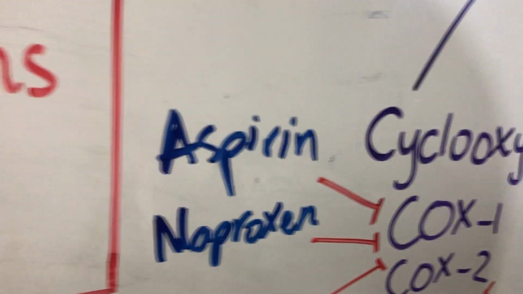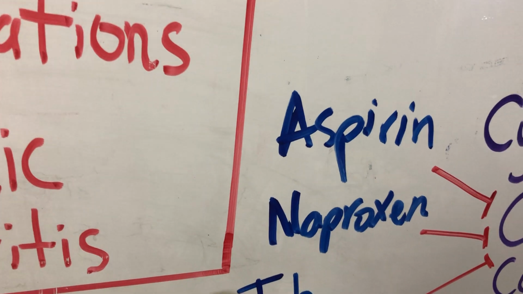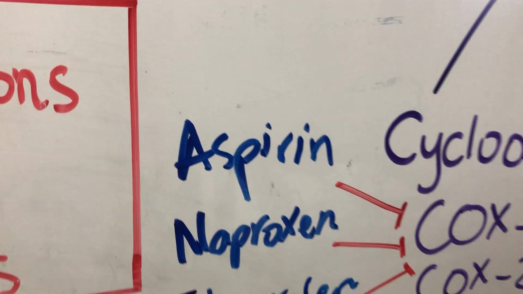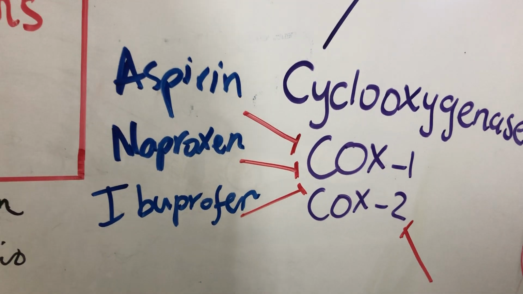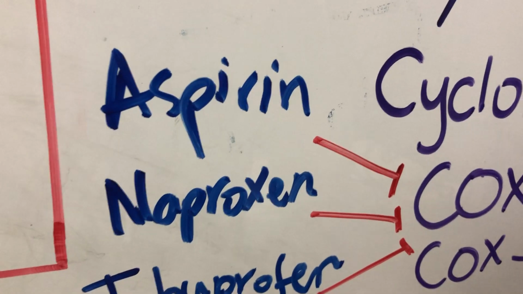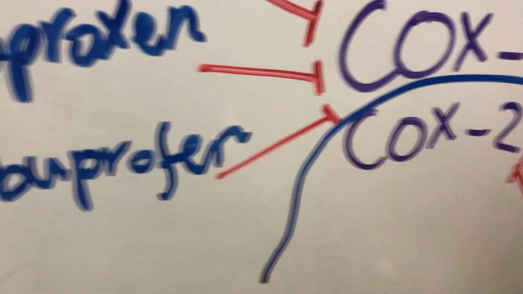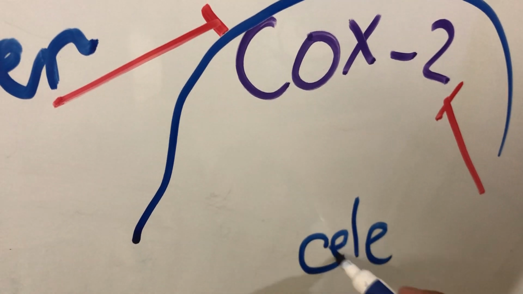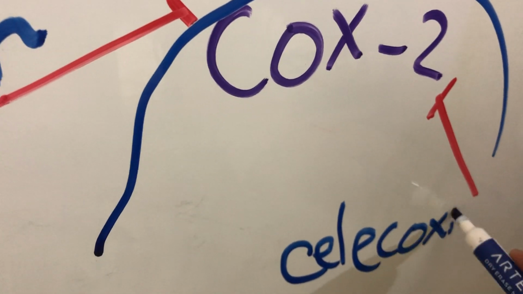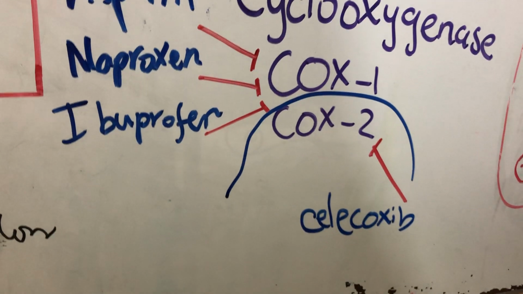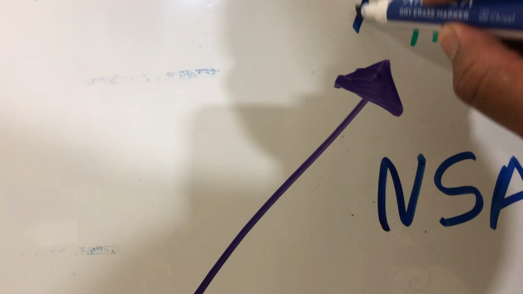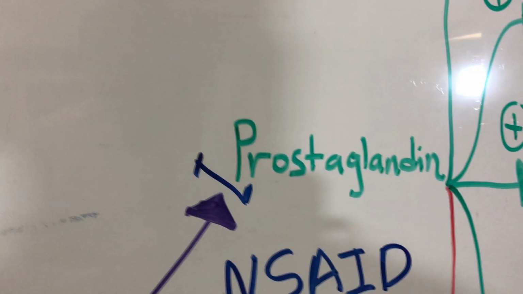Aspirin, naproxen, and ibuprofen are blockers of COX-1, while COX-2 is inhibited by a drug known as celecoxib.